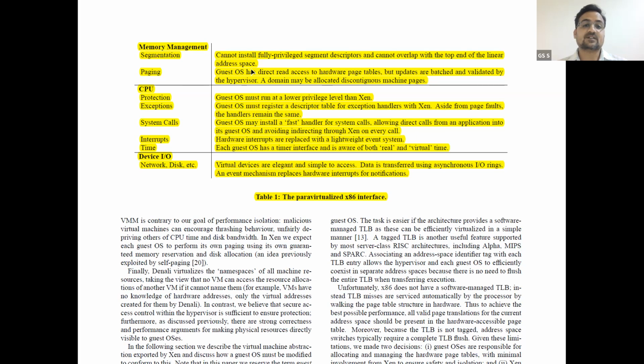So segment descriptors are very important. But these segment descriptors cannot be fully privileged. Why? Because you have a segment table with the host operating system, and then you are talking about segment tables at each individual VM. We require one additional mapping from one segment table to the other, right? And this makes things difficult.